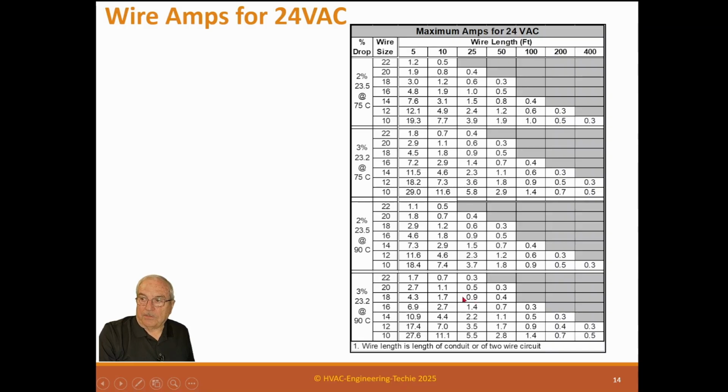Anyway, these are the conduits, and these are 10 gauge wire, 12 gauge, 14, 16. If you're running 24 volt power on 14 gauge and you're going 25 feet, you could run 2.3 amps or 1.5 amps. These are conservative, but you don't want voltage drop. You need the voltage at the device. This will tell you how to do it.